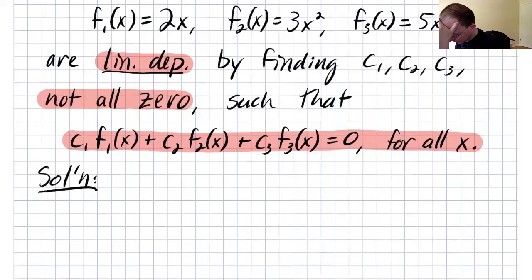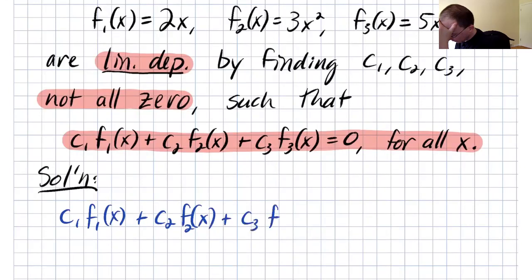Okay, so first of all, we're going to set up this equation, C1 f1 of x plus C2 f2 of x plus C3 f3 of x equals 0.